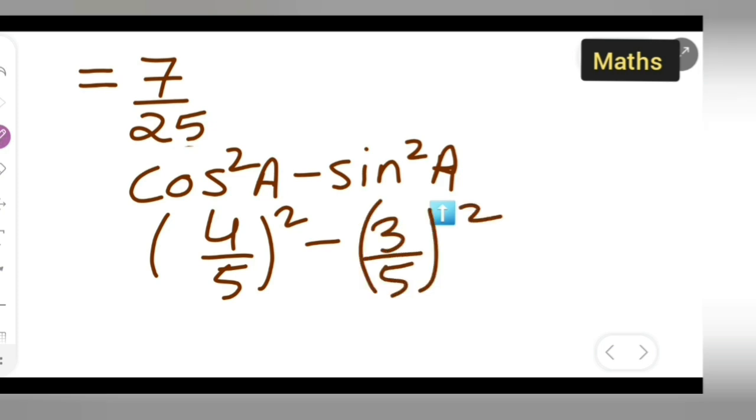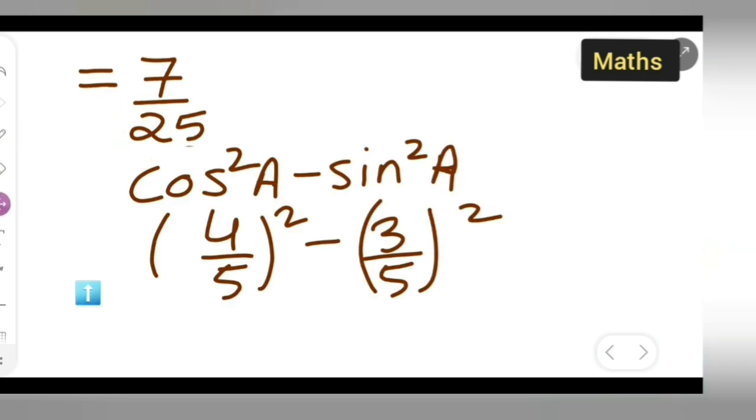Now what you are going to get is 4 square is 16, 5 square is 25. So 16 upon 25 minus, and here 3 square is 9, and 5 square is 25, so 9 upon 25.